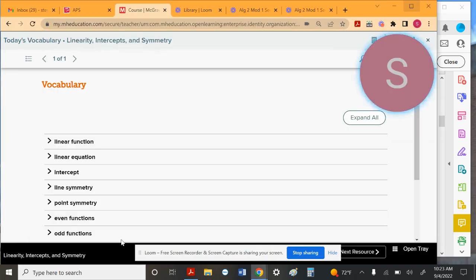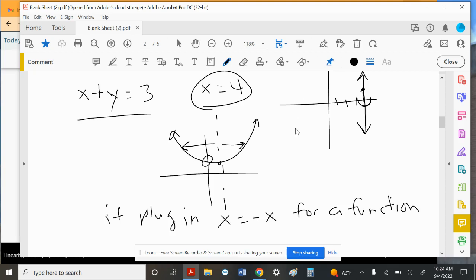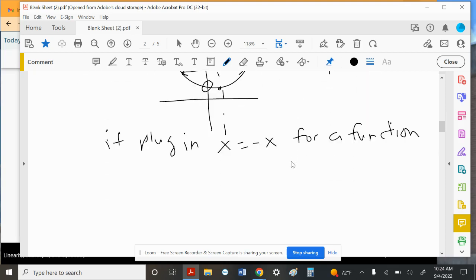And then an even function and odd function. What an even function says is, if I plug in x equals negative x for a function, do all the signs change or do none of the signs change?